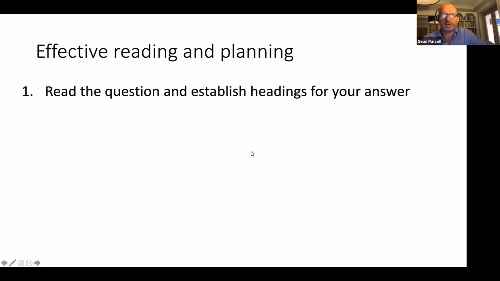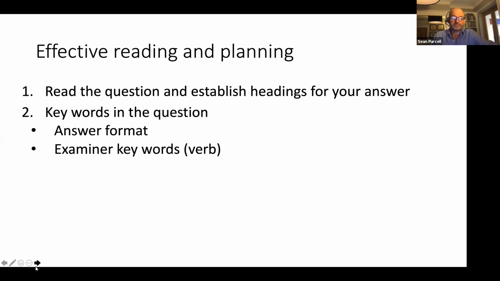But it's really important that you read the question, you break it down, you look at the marks, you look at the key words, the verb, the format, and also something that a lot of people miss out. The rule of and. I don't know whether you're familiar with the rule of and, but it's a very important exam word which you must look out for, because people often miss it and only answer half the question, so sadly only get half the marks.